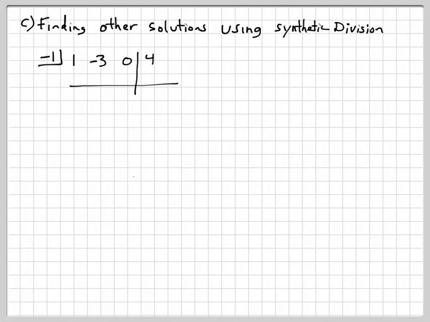Remember to put placeholders. So I work it out and I get a remainder of 0, and that's important. The remainder has to always be 0 if you're using one of the solutions in the box when using synthetic division.